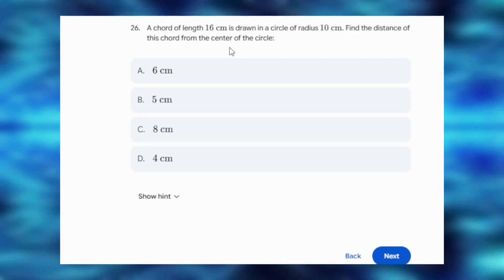Here the right angle triangle formed has one side 8 centimeters and the hypotenuse 10 centimeters. The third side is 10 square minus 8 square, 100 minus 64, 36, square root 6. Therefore the distance of the chord from the center is 6 centimeters.